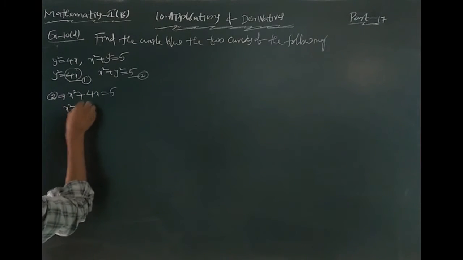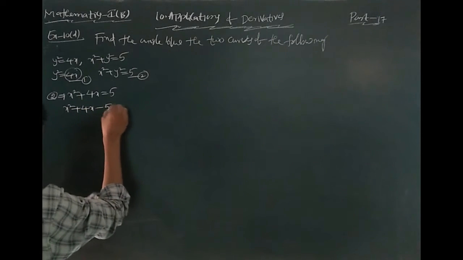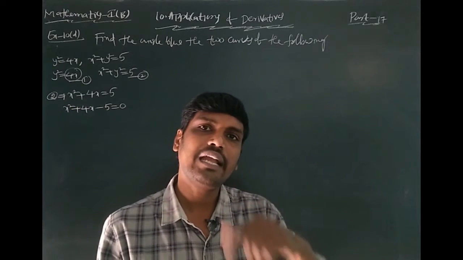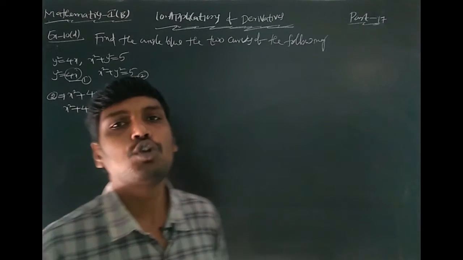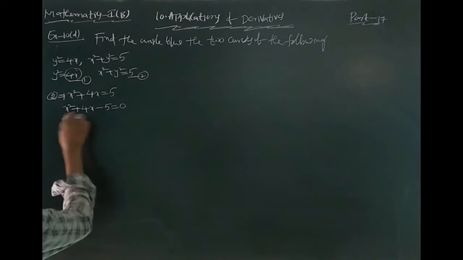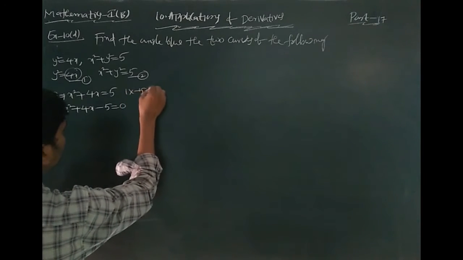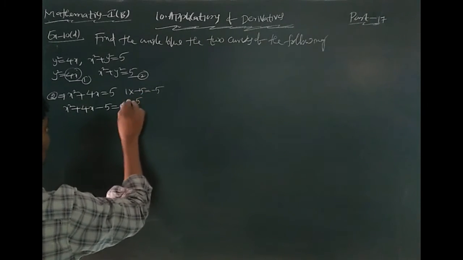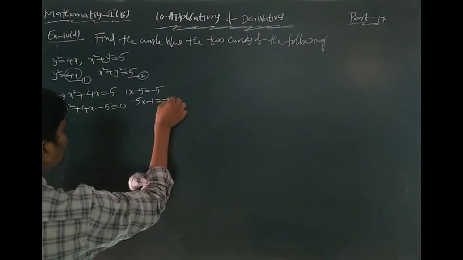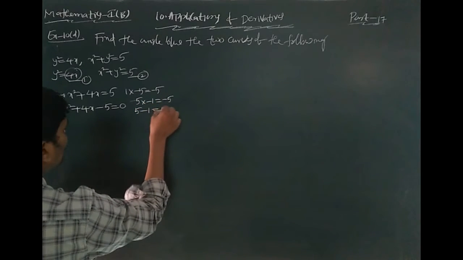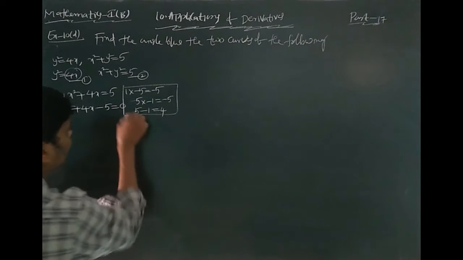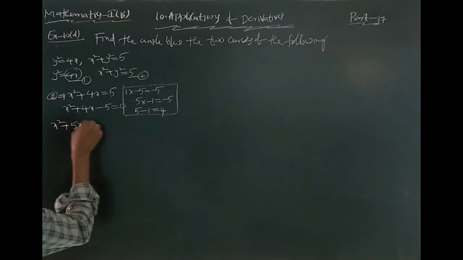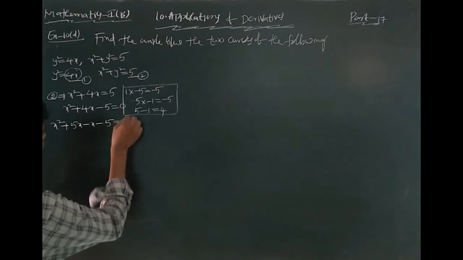Then you can write x square plus 4x minus 5 equal to 0. Here, this is a quadratic equation in terms of x. It has 2 roots. First find the roots: product 1 into minus 5, that is minus 5, and sum 5 minus 1 equal to 4. One root is 5, another is minus 1. You can write x square plus 5x minus x minus 5 equal to 0.